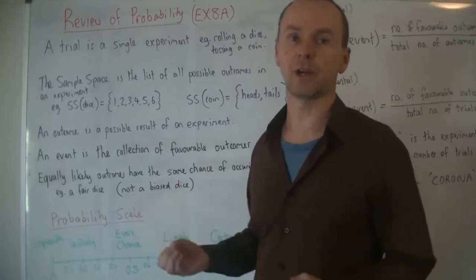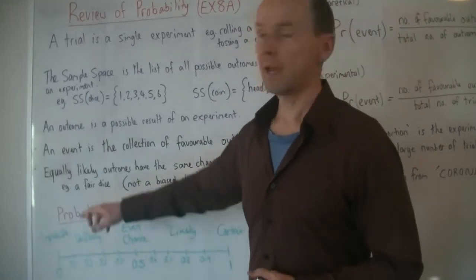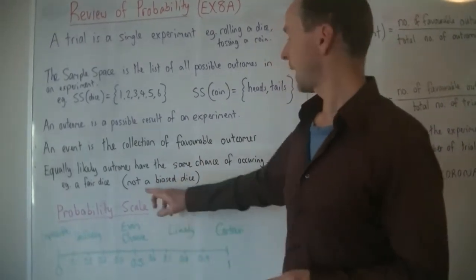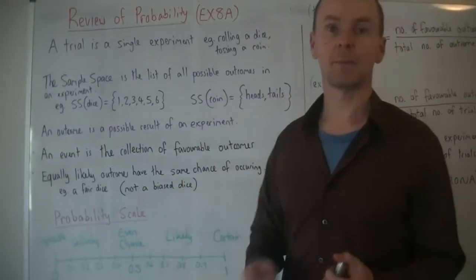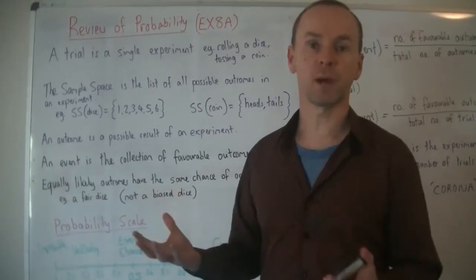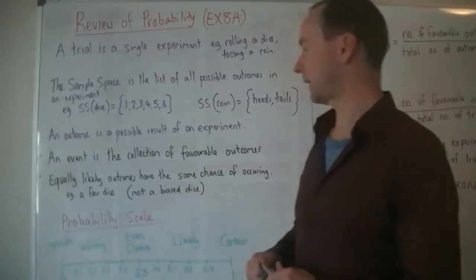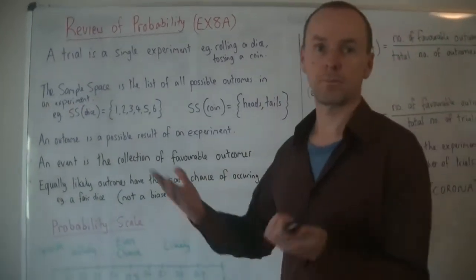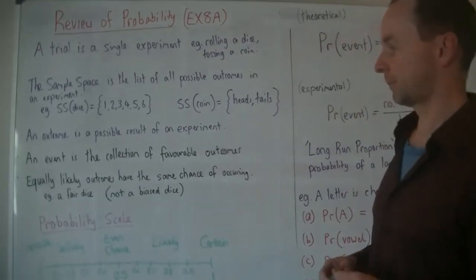It's not a trick dice or anything. A fair dice has a 1/6 chance of any number coming up out of the 6. And it said they're not a biased dice. A biased dice is a weighted dice. So when you roll it, it might favour one of the numbers. So an equally likely outcome just means it's a fair, whatever the object is, a dice or a coin.